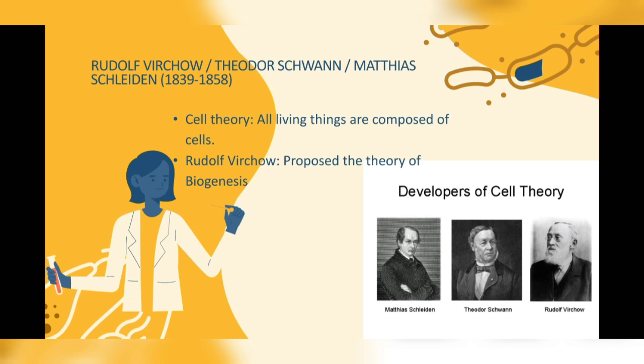He proposed that all cells arise only from other cells. The collective observations of all three scientists form the cell theory, which states that all organisms are made up of one or more cells, all the life functions of an organism occur within cells, and all cells come from pre-existing cells.